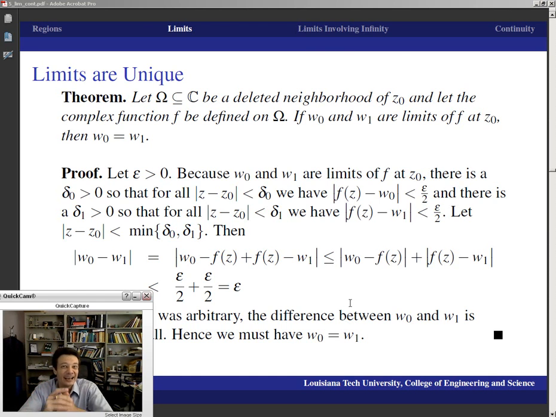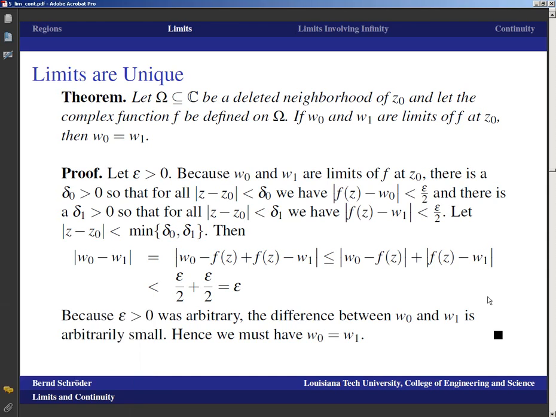Now let's take a look at how you get this idea. The main idea in analysis, and also in complex analysis, is that you always want to control differences and make them small. So, for example, if I want to show in analysis that two numbers are equal, it is quite a standard approach to just show that the absolute value of the difference of these two numbers is smaller than any epsilon.